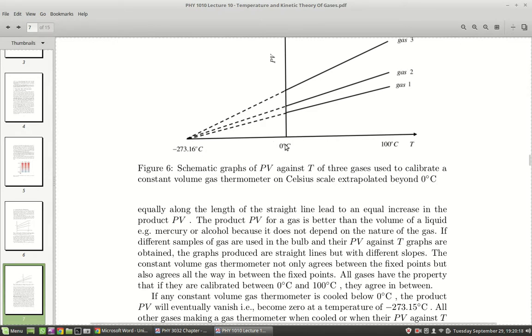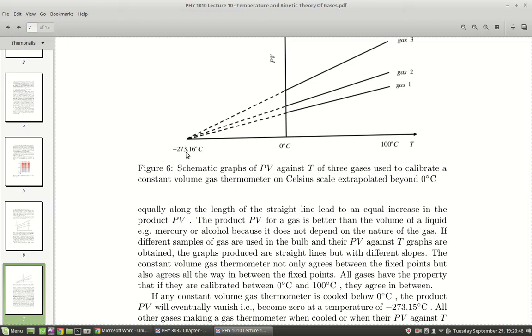Next, the space between this point. How do we determine what is 0 Kelvin, what is 1 Kelvin? The space between the 0 degrees point here and the minus 273.15 degrees is divided into 273.15 equal parts.